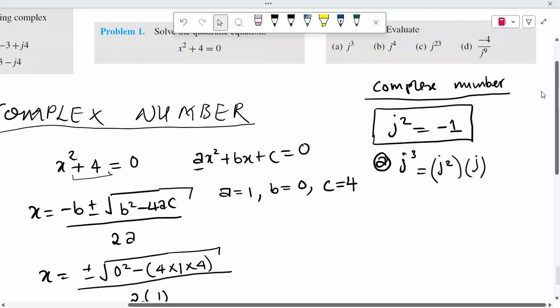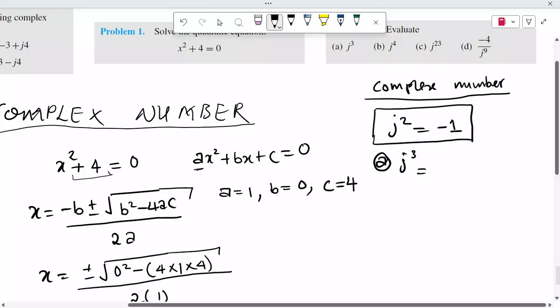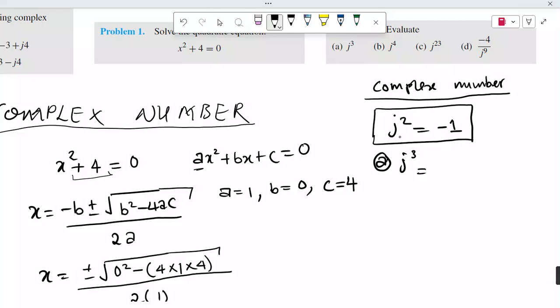So how do you solve this now? First of all, you have to rewrite this expression so that you have a j squared, so that you get negative 1.